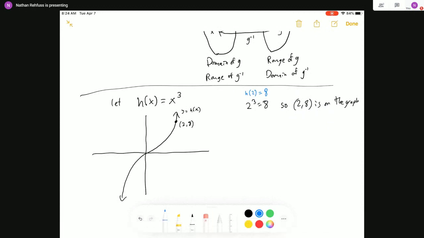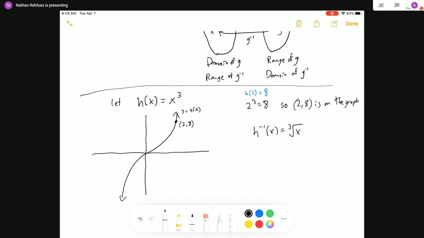Well, that means if the inverse function undoes it, in this case, what undoes a cubed would be, does anybody know? That's all right. What undoes a cubed is the cube root. So h inverse of x is the cube root of x.